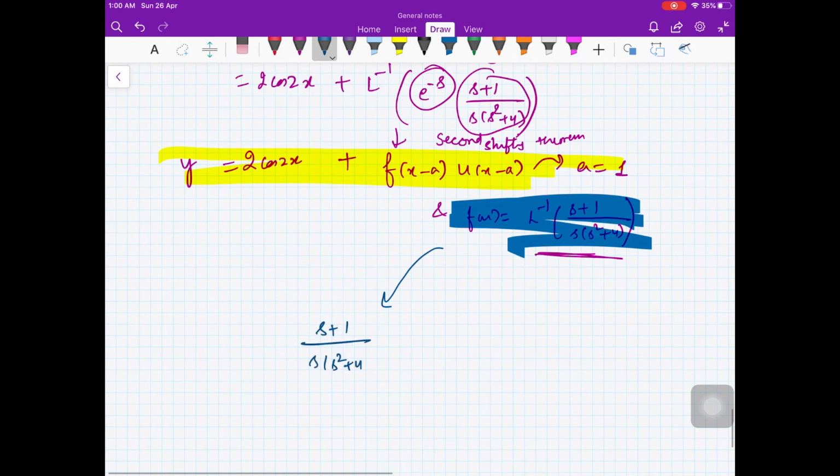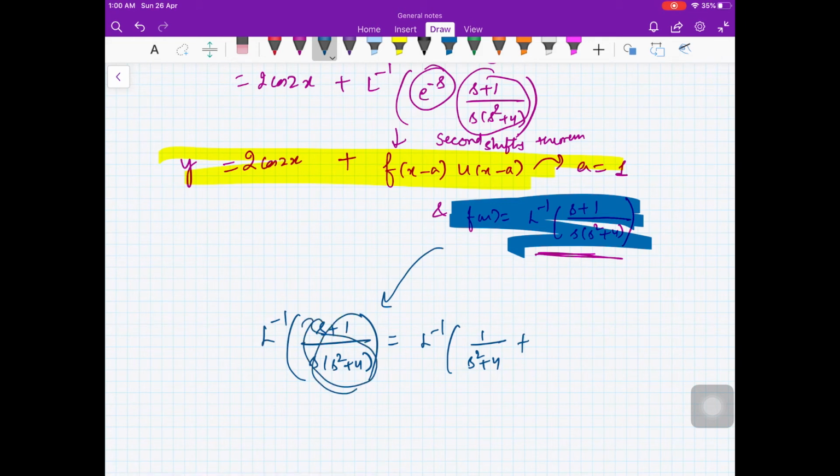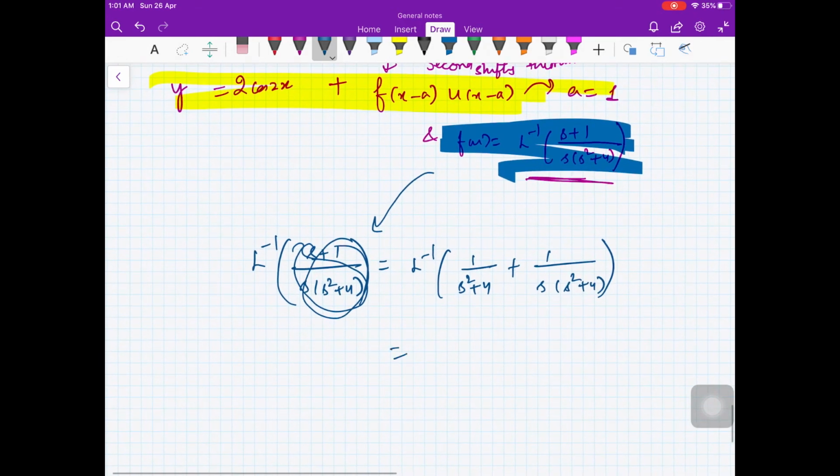So you have (s plus 1) upon s into s square plus 4. I want the L inverse, so you can separate it: L inverse of 1 upon s square plus 4, plus L inverse of 1 upon s into s square plus 4, right?